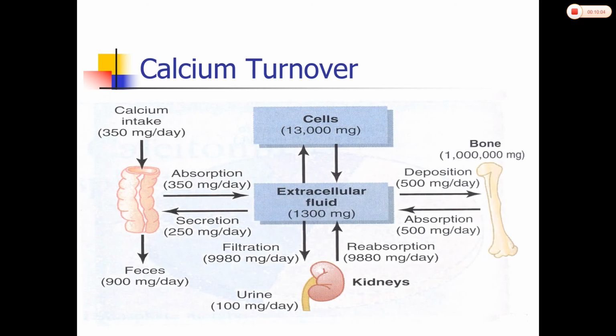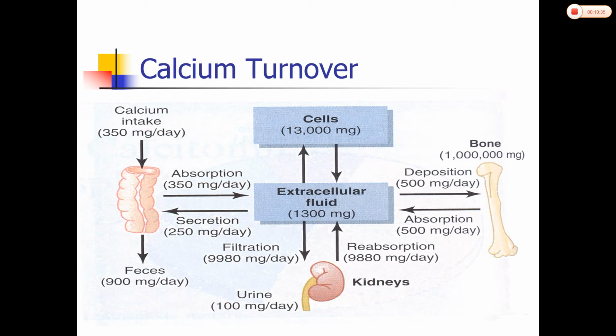If you look at this picture, the cells may have up to 13,000 milligrams of calcium, whereas the extracellular fluid can have 10-fold less than the cells, and thereby this can be distributed, and whether it is absorbed or secreted out may change depending on the intake of calcium in the body.